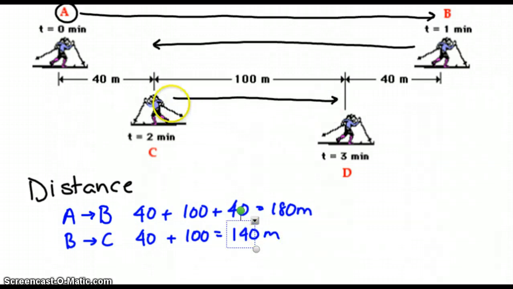And then finally, from C to D, he just has to travel this 100-meter segment. So we don't have anything to add there. We can just write down that that distance was 100 meters.